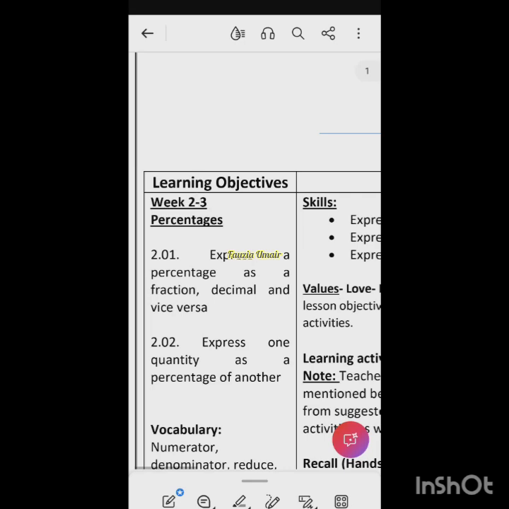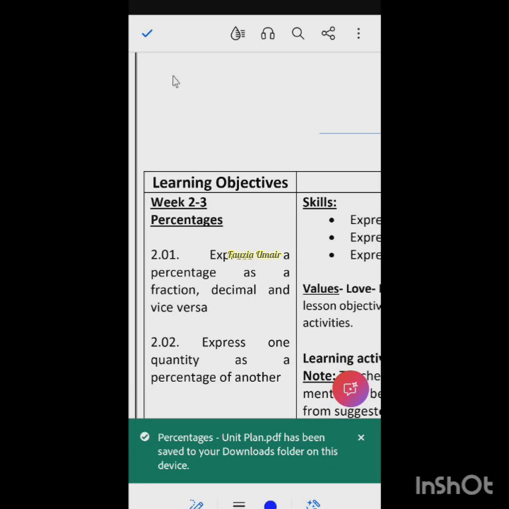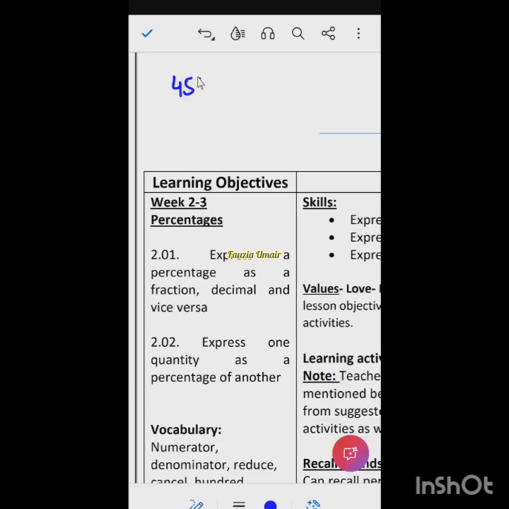Yes. For example, if numbers are given like this, if it is written 45%, I need to convert it into decimal as well as fraction. So can you recall from the previous classes, what would be 45% in decimal?